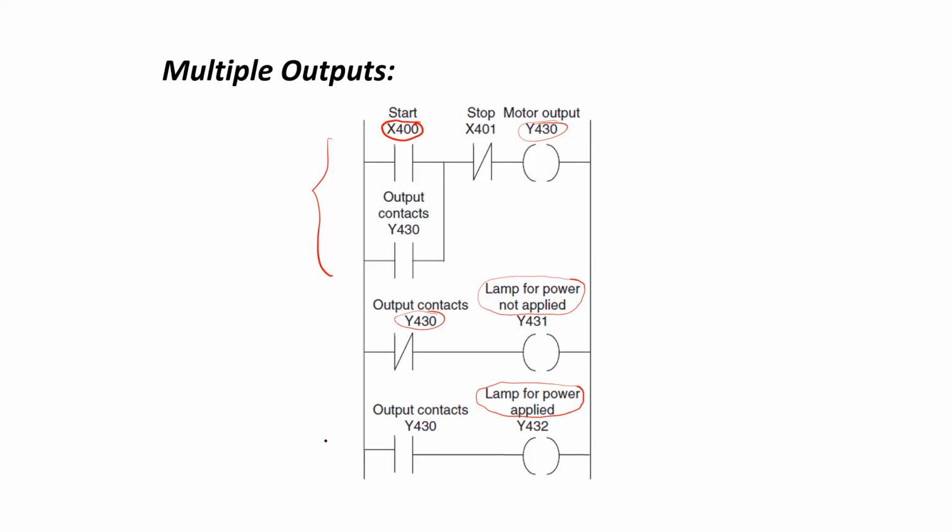But instead of using another line of instruction, this output coil could have been connected over here as well, like in the previous slide, and the address of the coil should be Y432. So whenever the motor gets output power, this lamp would also get output power, and this contact will open and the other lamp will stop glowing.